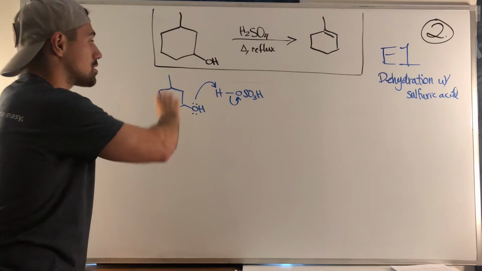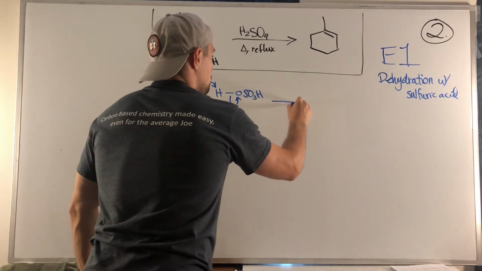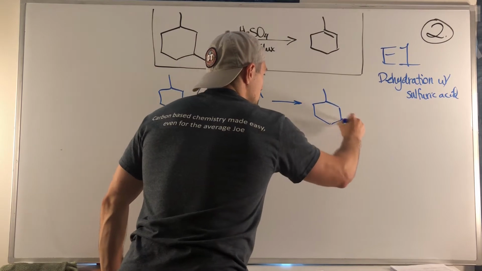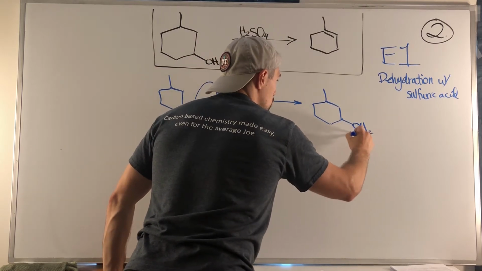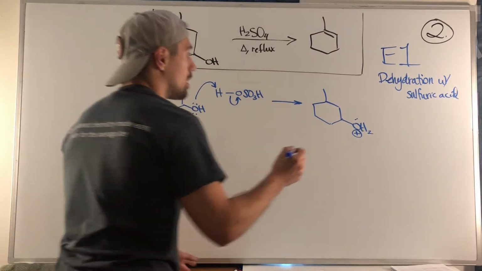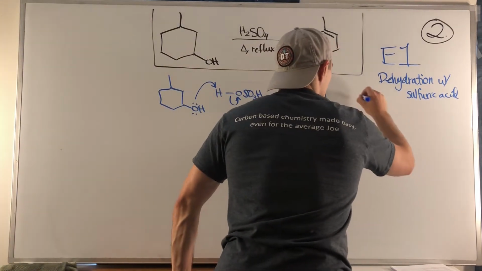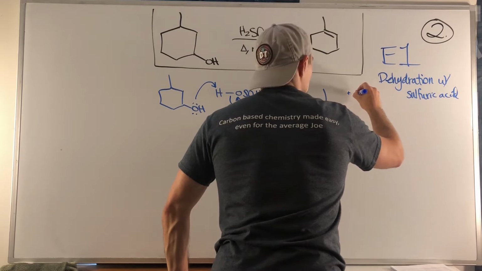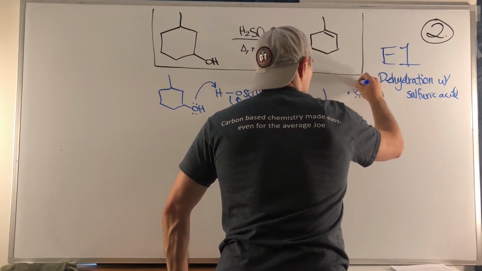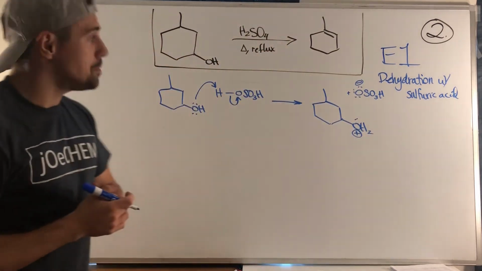The alcohol is grabbing H+. So in this step, we now have OH2. Formal charge on the oxygen is a plus. If you want to draw it, you can include the conjugate base, the bisulfate. Not necessary really, but you can if you want to.